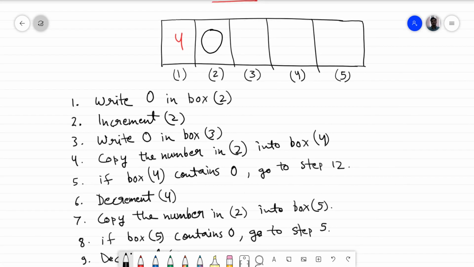So your answer will appear here in the second box.